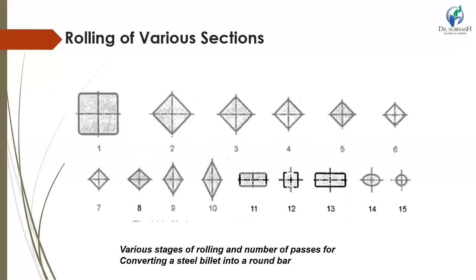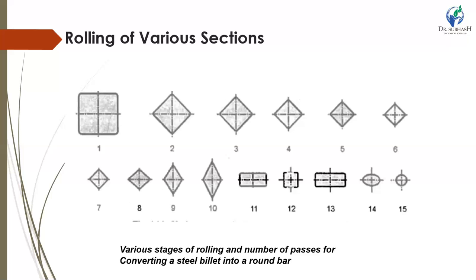The process starts with reduction of an ingot which has been heated in a gas fired furnace up to a temperature of 1200 degrees Celsius. The ingots are taken to the rolling mill where they are rolled into intermediate shapes such as blooms, billets or slabs.